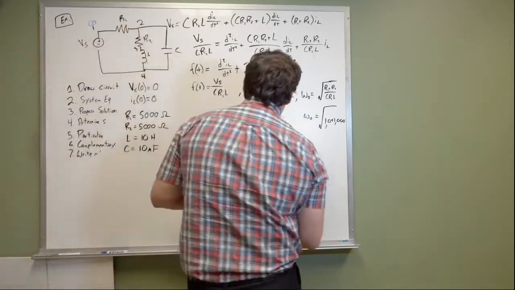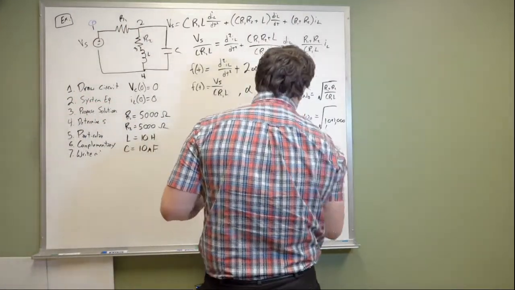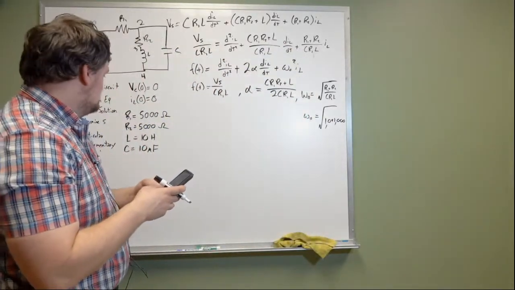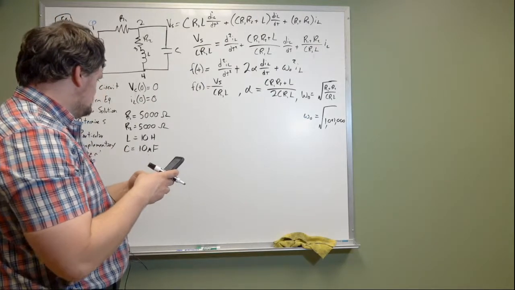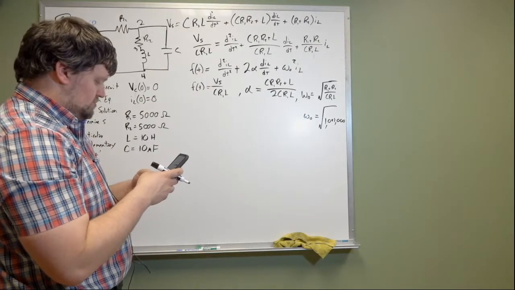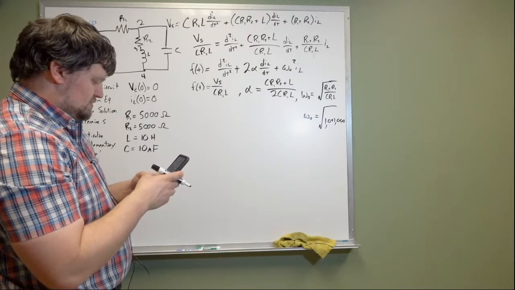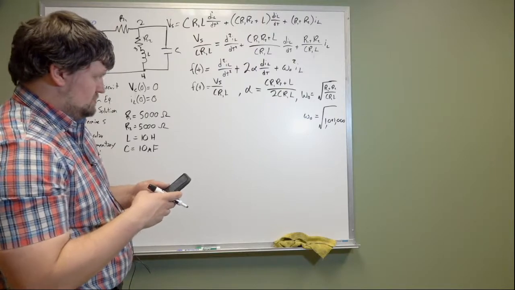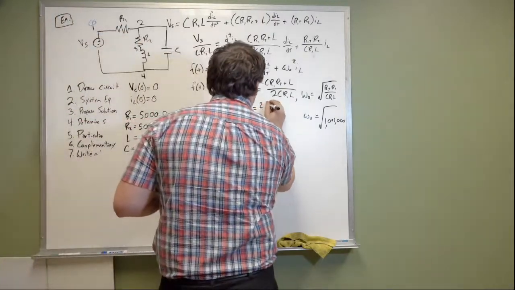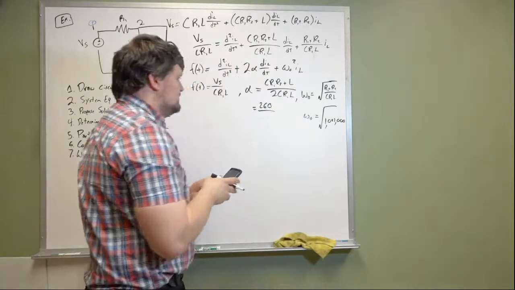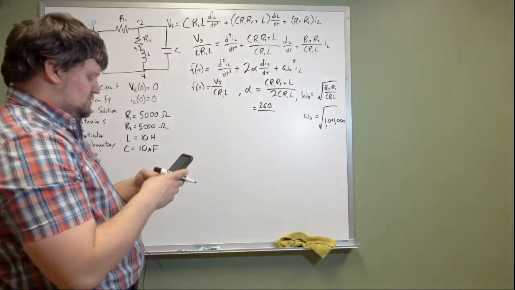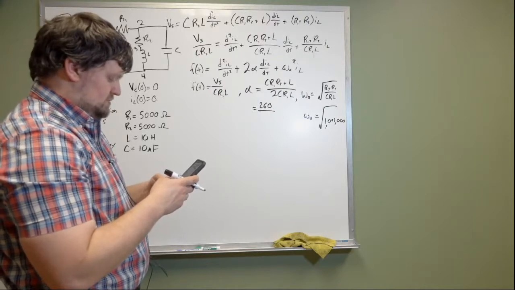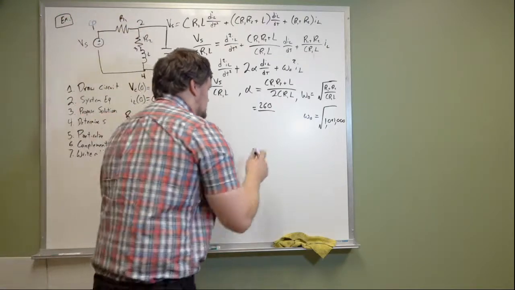Okay, so when I go over here to solve alpha, again, the top value is 10 plus 0.0001 times 5,000 squared. So this ends up being 260 divided by 2 times 0.0001 times 1,000 times 10, ends up being 1.